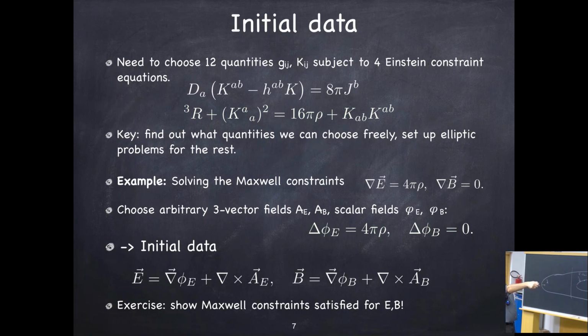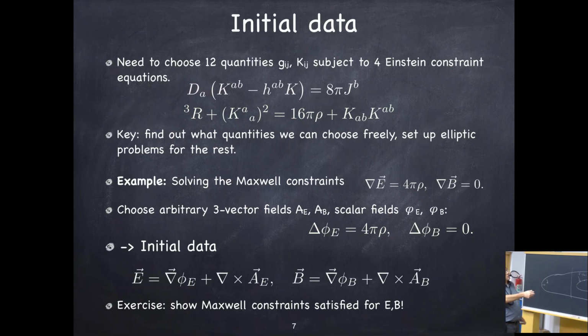Sorry, you define these freely, and then you define those, and you solve these 2 equations, and then you construct the initial data as the gradient of these fields plus this extra term, which is free. And this gives you a result which satisfies this equation.